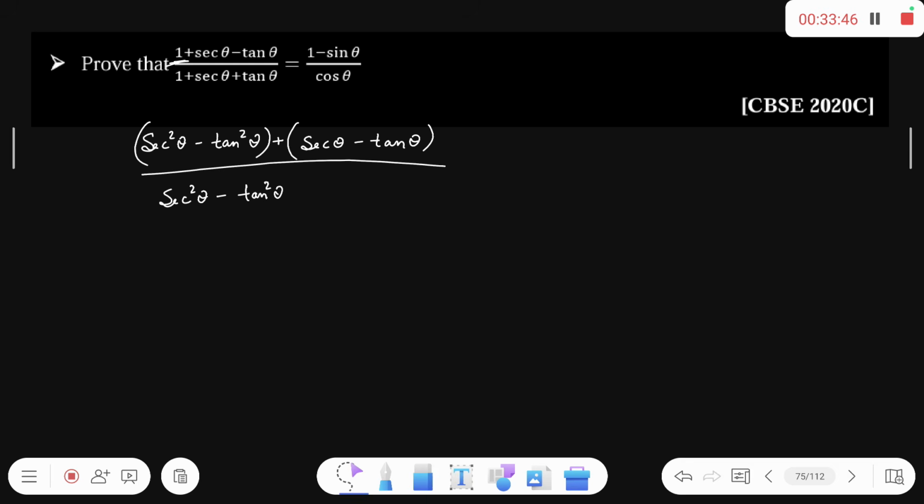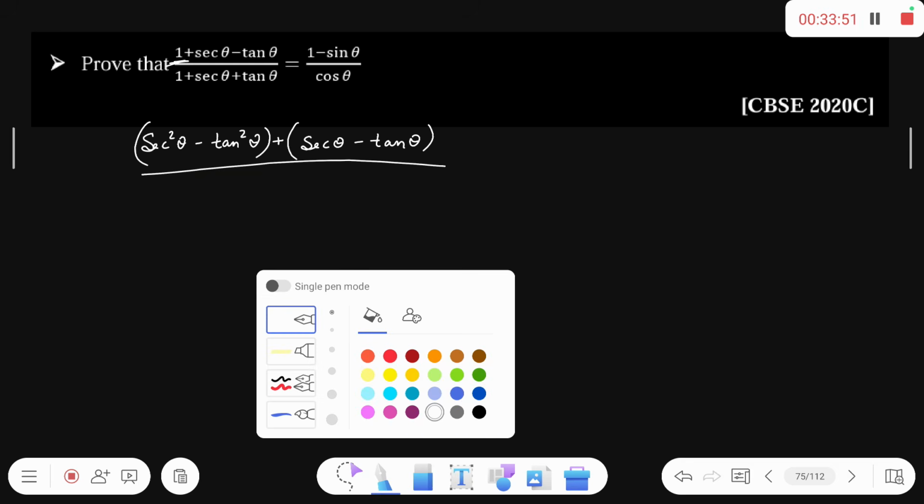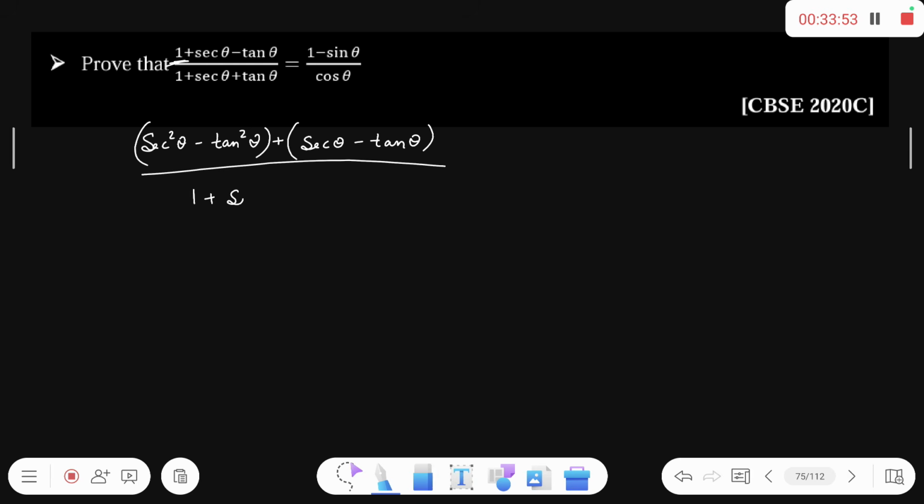Don't change the bottom one, keep it as it is. On top we will apply the a square minus b square formula. So this is (sec theta minus tan theta) and in brackets (sec theta plus tan theta plus 1).